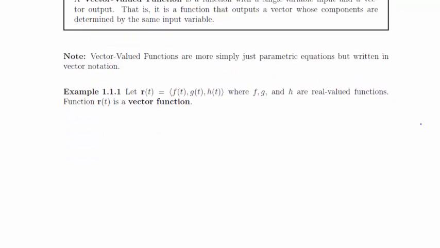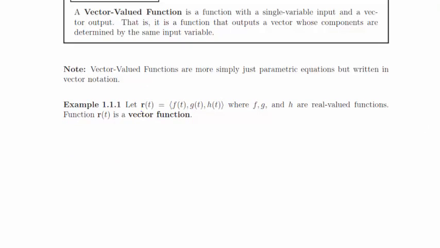So example 1.1.1, let r of t, note this bold right here, indicates that this is a vector.